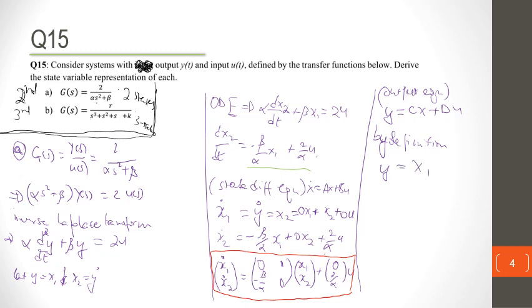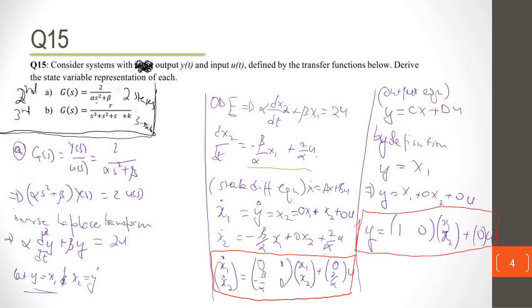That's what we said here, which implies that y is equal to x1 plus 0 times x2 plus 0 times u. So we can write the output equation this way. This is going to be 0, 1, 0. And therefore, here we have our output equation.